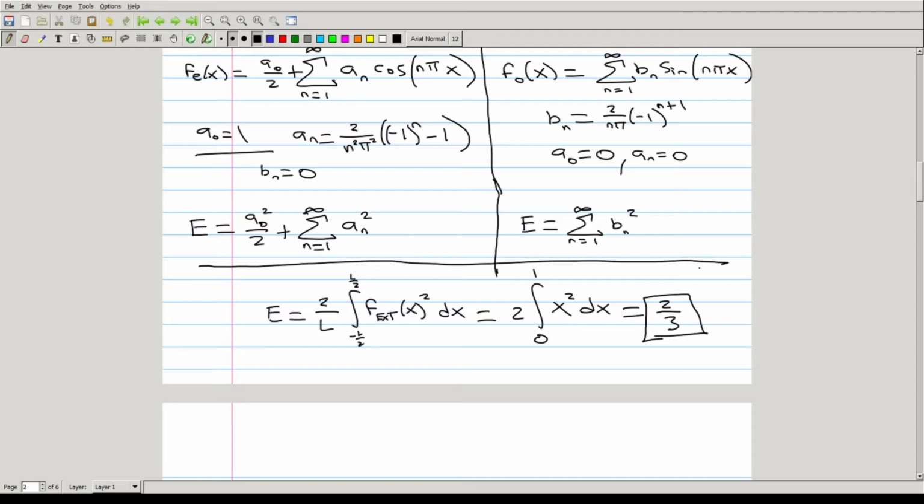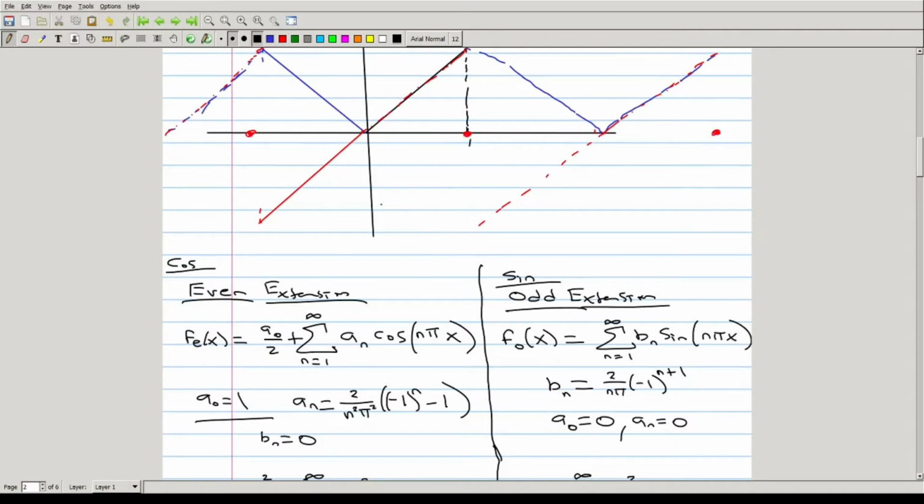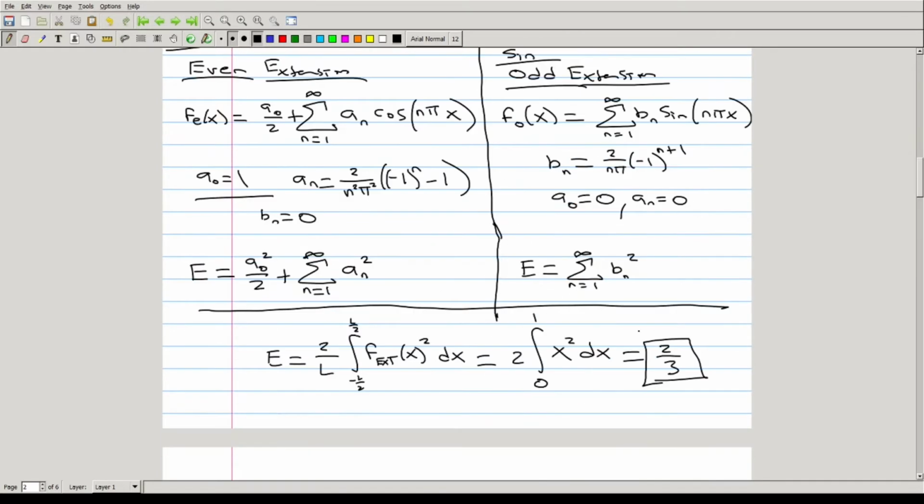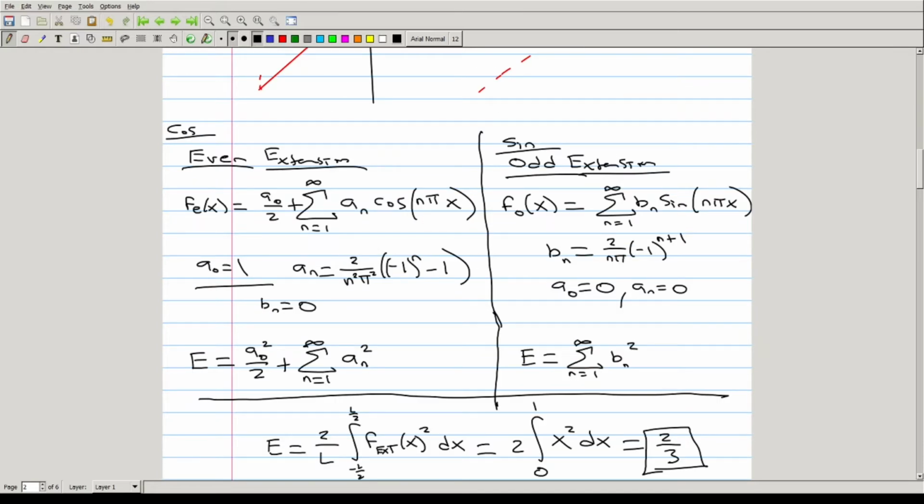So the energy contained in each of these signals, both the even and the odd extension, is 2/3.